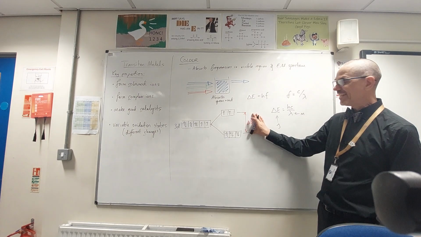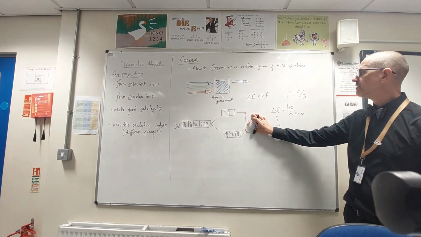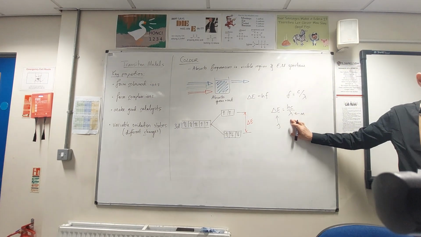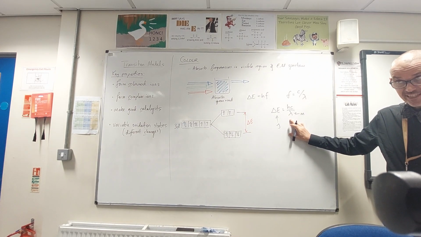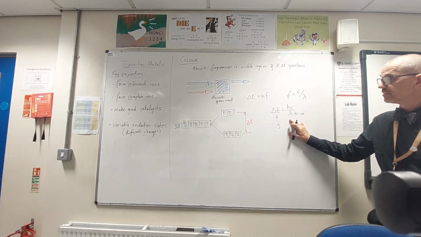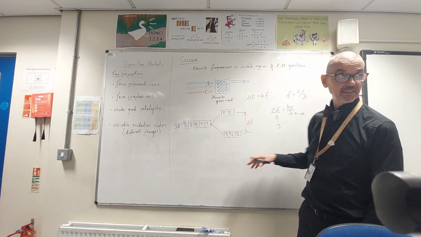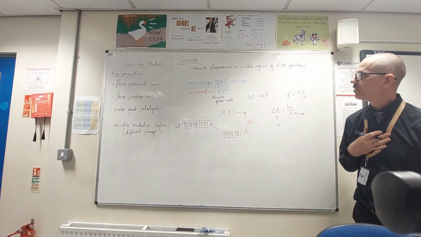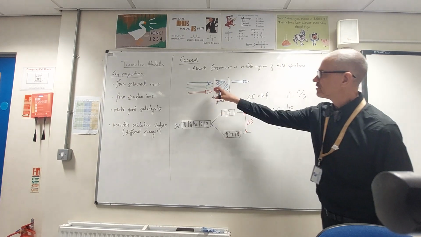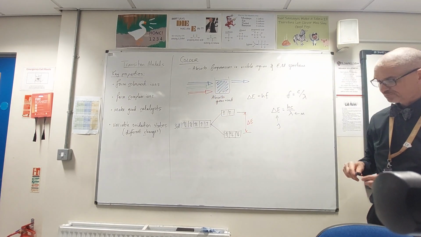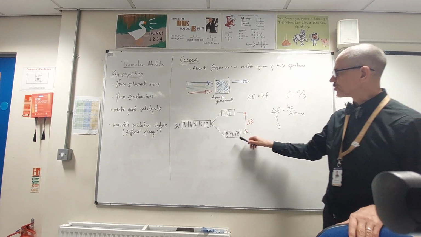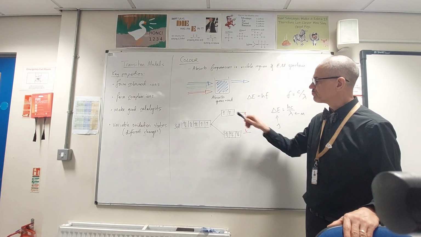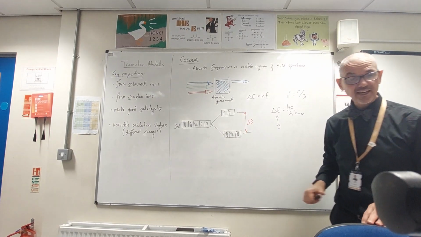So that energy gap, delta E, corresponds to a wavelength of visible light. We've done nickel, but if it was copper, then delta E would be absorbing red or green, whatever it is. The electrons absorb the energy, get promoted upwards, and then come down.